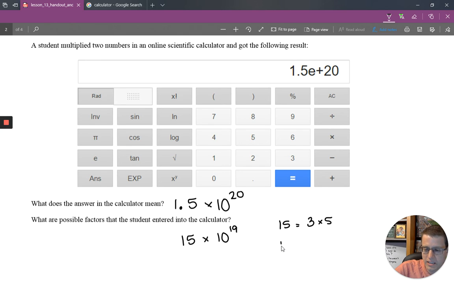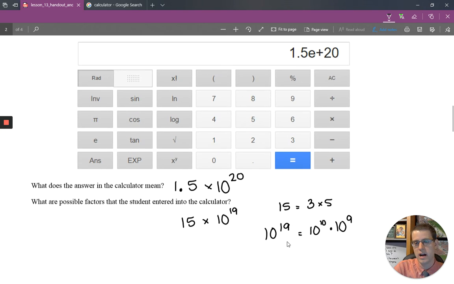And for the 10 to the 19th, what are some numbers that add up to 19? Remember, when we multiply powers of 10, I'm going to have to add the exponents. Let's keep it simple. What if this was just 10 to the 10th times 10 to the 9th? Because 10 plus 9 will get me that 19.